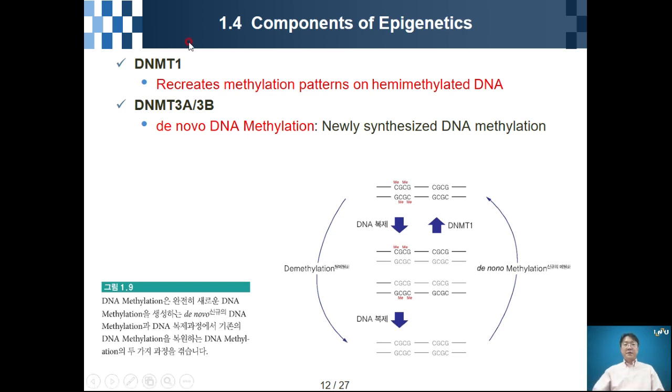The first one is that DNMT1 recreates the methylation pattern on hemimethylated DNA. For example, this is double-stranded DNA.